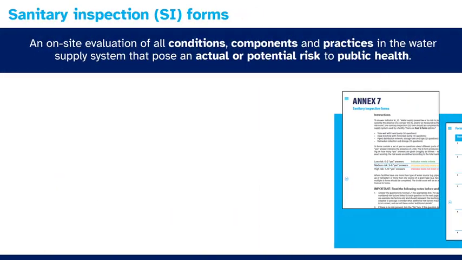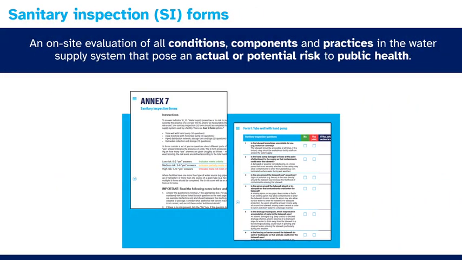We will look at the first of these options now, sanitary inspection forms. These are an on-site evaluation of all conditions, components, and practices in the water supply system that pose an actual or potential risk to public health. WASH Fit includes a set of four SI forms, specially adapted for use in healthcare settings, which help pinpoint sources of contamination and guide you through ways to mitigate these risks.